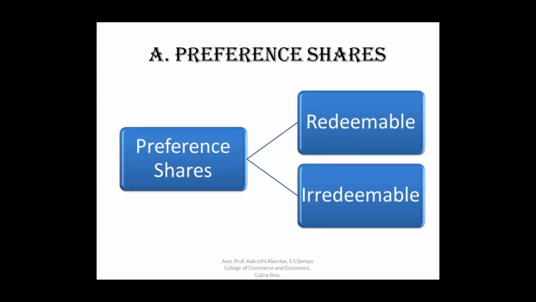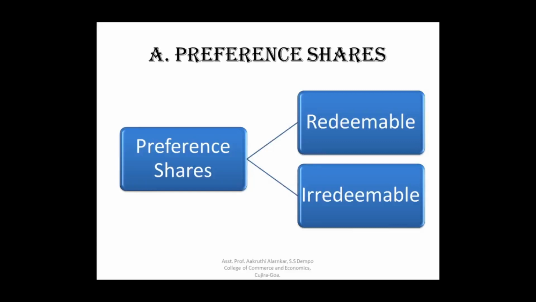They cannot be redeemed at any time during their life; they are issued for an infinite period. They can be redeemed only at the time of liquidation of the company. But in India we don't have irredeemable preference shares, we have only redeemable preference shares.